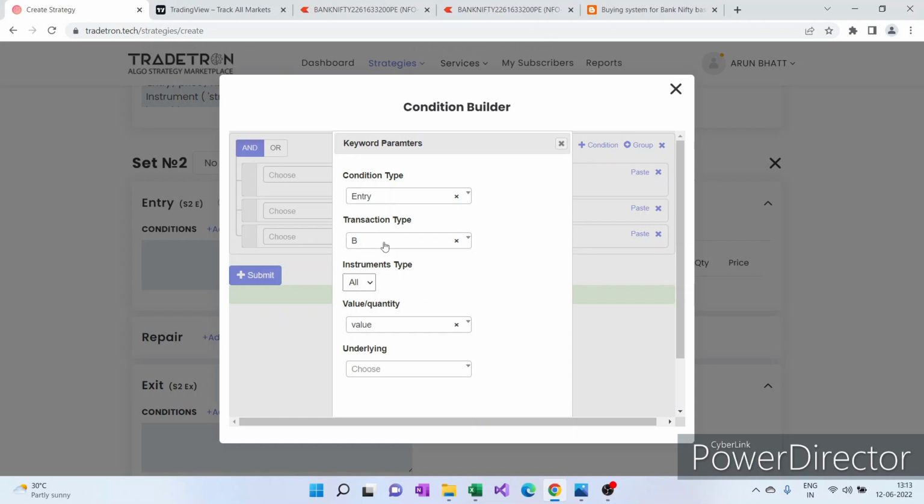I can say all also, but let's say buy. This is different from the strategy I shared earlier on the inverted triangle for Bank Nifty, where we are selling on entry. But here in set 1 we have bought the options, so we are checking how much is bought. Now I'll be checking how much quantity I have bought on the C side.